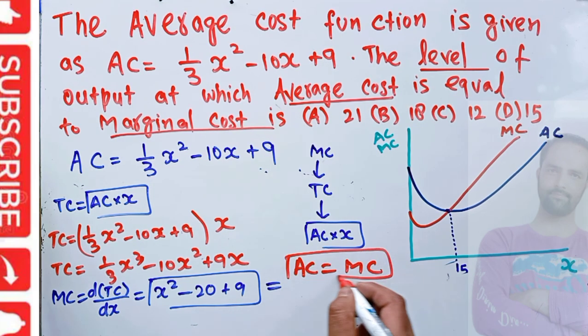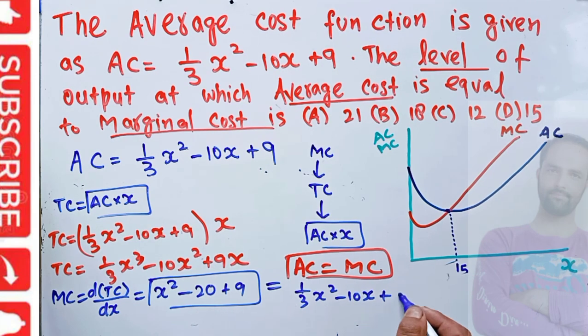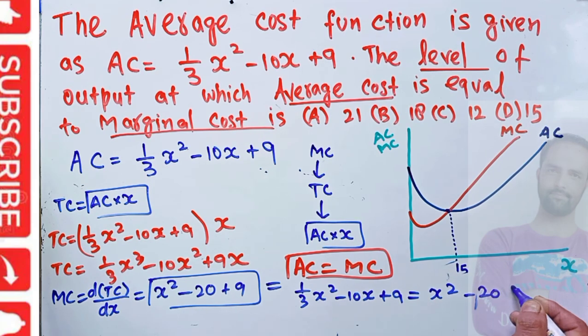Average cost is given as 1/3 x square minus 10x plus 9. To this we equate the marginal cost, which is x square minus 20x plus 9.